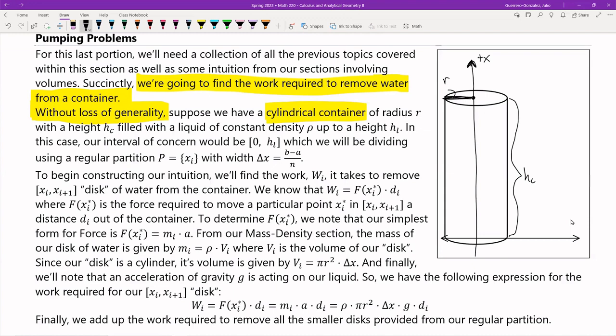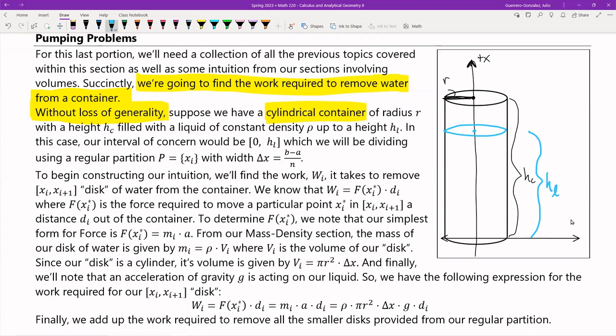And it's filled with a liquid. I'm going to draw it in blue to denote that it's the height of the liquid. This right here is a height HL for my liquid.